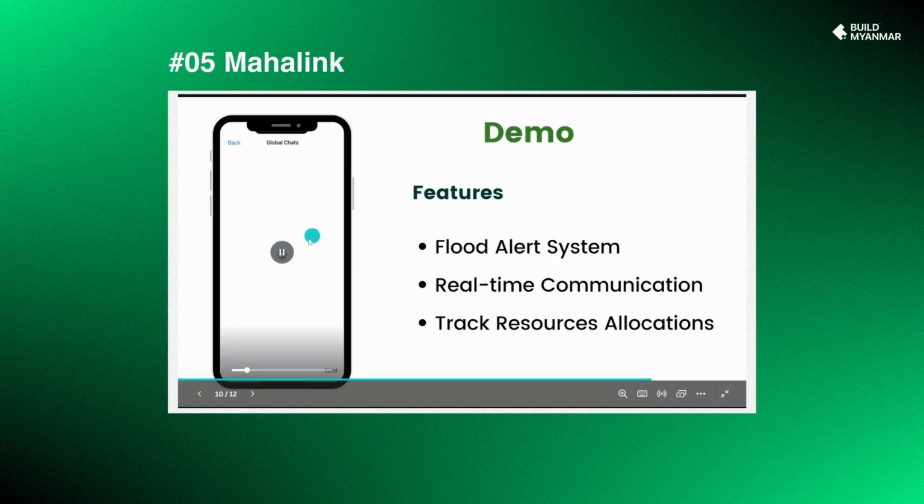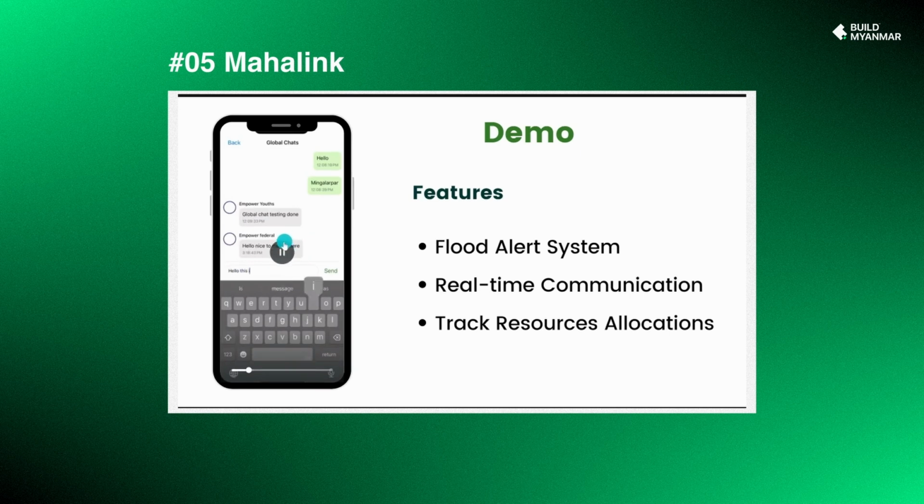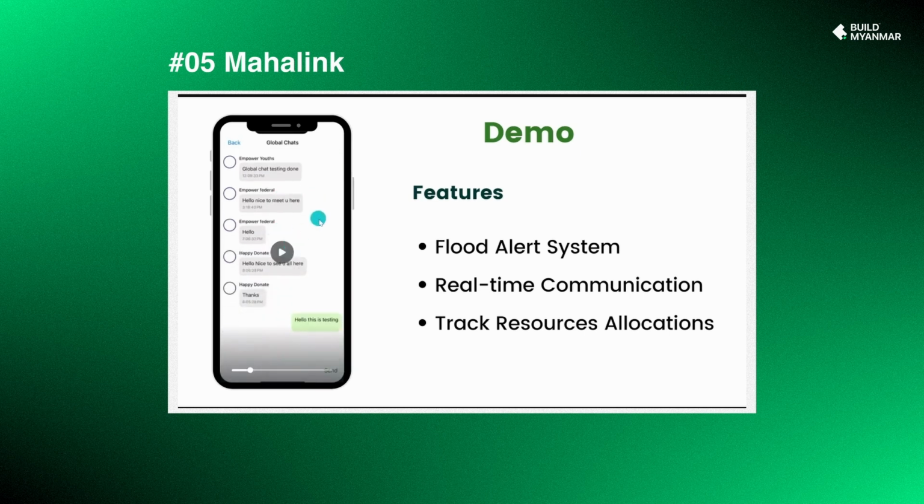This is the other main feature. It is a global chat, like the name says. You can connect with every organization in this chat. You can send messages, you can view previous messages, and you can use this feature to maybe alert the other organizations about whether a certain area is affected by flood or not.